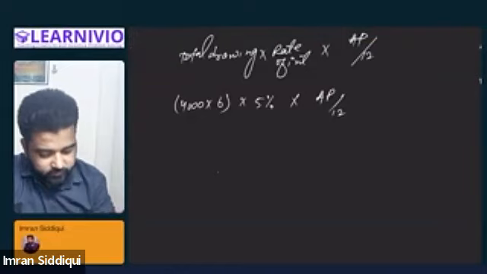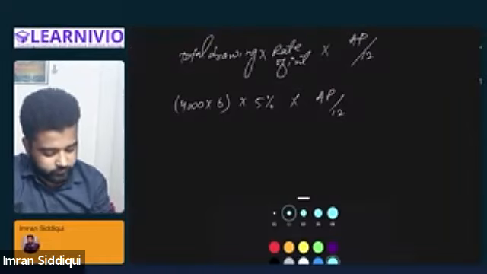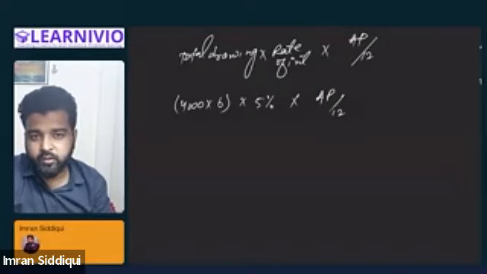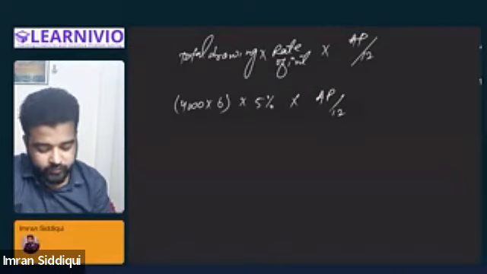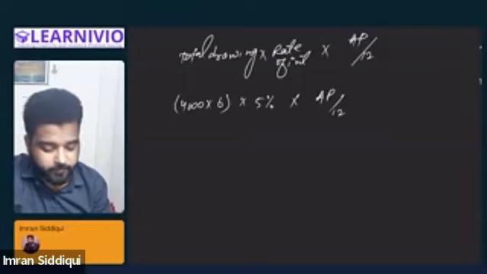The formula will be total drawing multiplied by the rate of interest into average period divided by 12. The question says that the partner withdrew 4,000 per month for the 6 month period. So 4,000 into 6 will be the total amount of drawing made by the partner, into the rate of interest, which is given in the question itself, 5% per annum, into AP, average period, divided by 12.